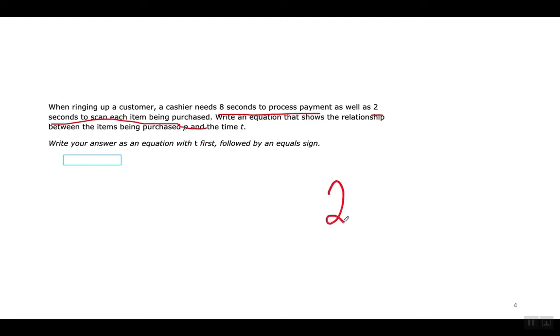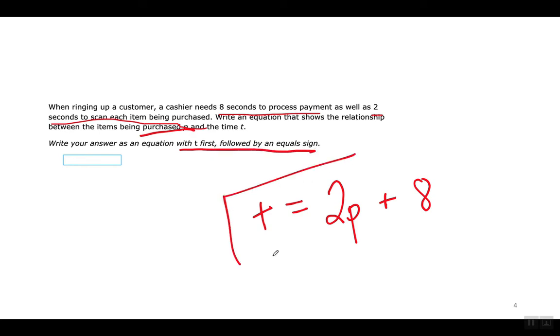It says here to use the letter P for purchased, plus the 8 seconds to process the payment. So 2 seconds to scan each item that you're purchasing and 8 seconds to process the payment equals the total time. It says right here to write an equation with T first followed by the equal sign. So this is going to be my answer.